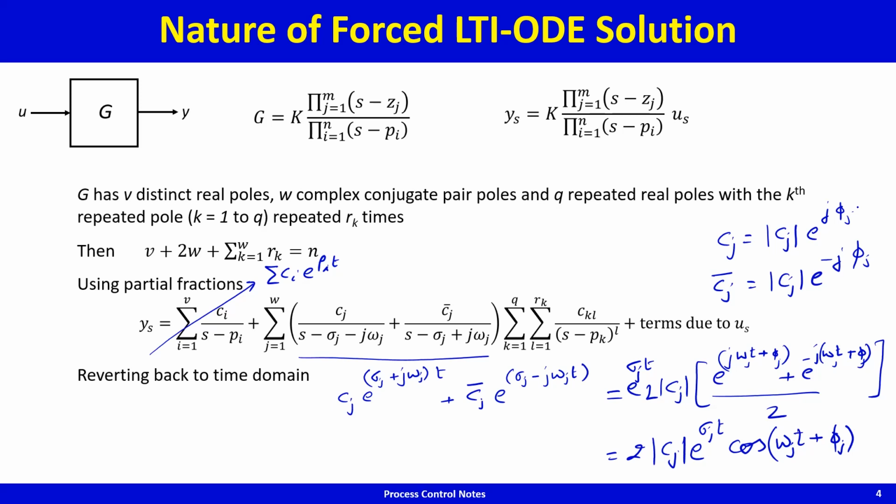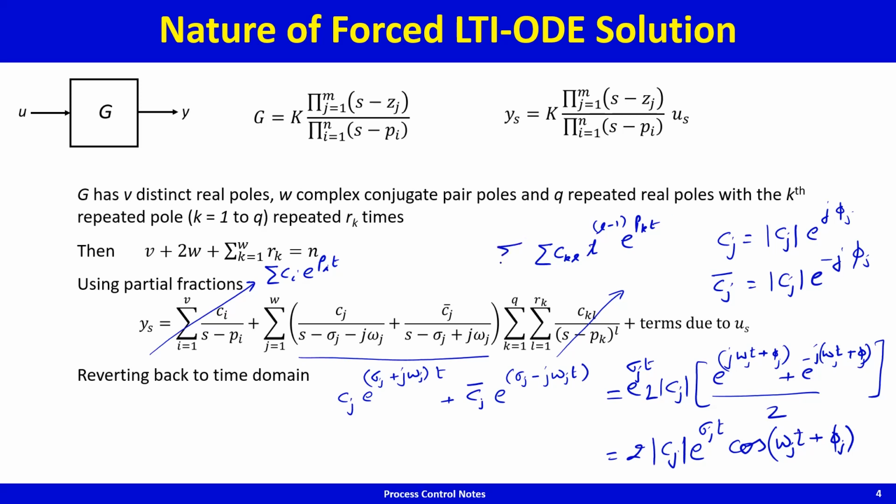And what would this term solve to? This term would be a summation, where the eigenfunctions are going to be c_kl times t to the power (L minus 1) times e to the power p_k t, and this will be done for each of the repeated roots.